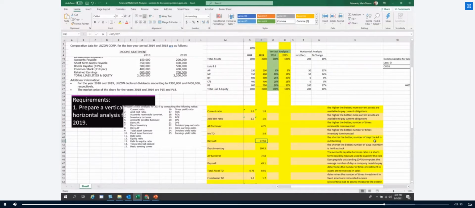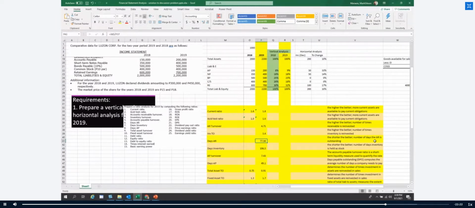So probably there's an issue in our credit management. Why do we allow customers to extend their credit line for more than 2 months? Is it with the intention of getting more customers? Probably yes, because in our example, Luzon Corporation is the third player in the telecommunication industry.